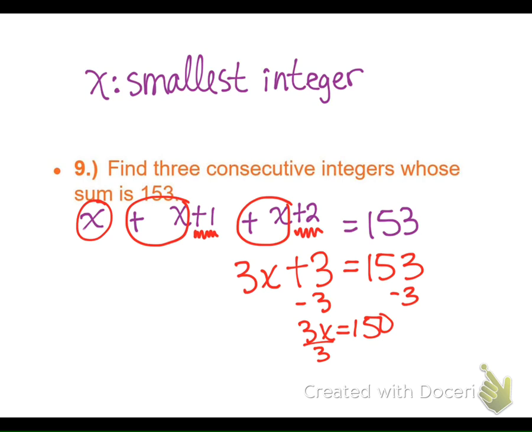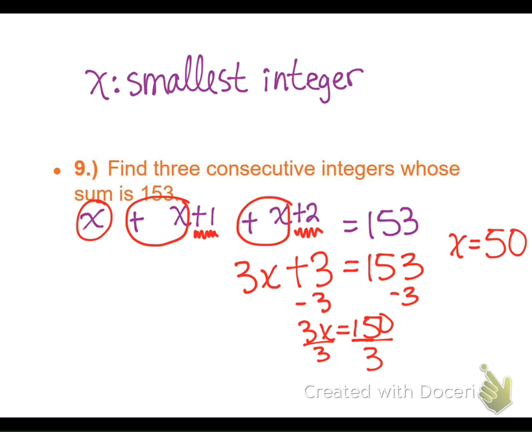Last step. Divide both sides by 3. What does that give us for x? 50. Does that fully answer our question? No, it doesn't. They wanted us to find 3 consecutive integers, so we better be giving them all 3 numbers.